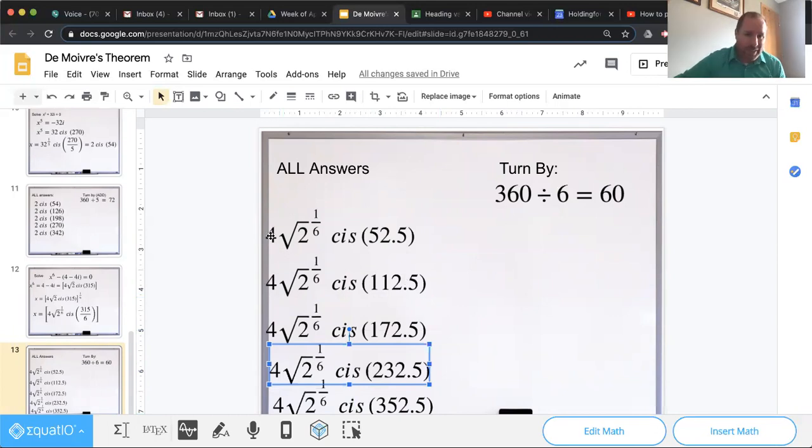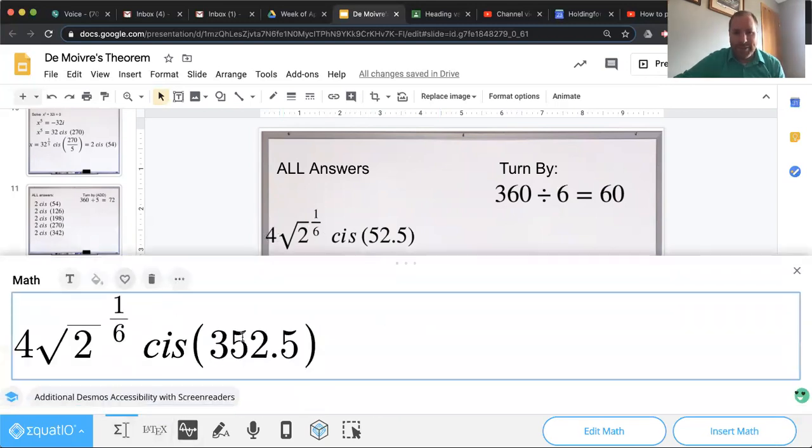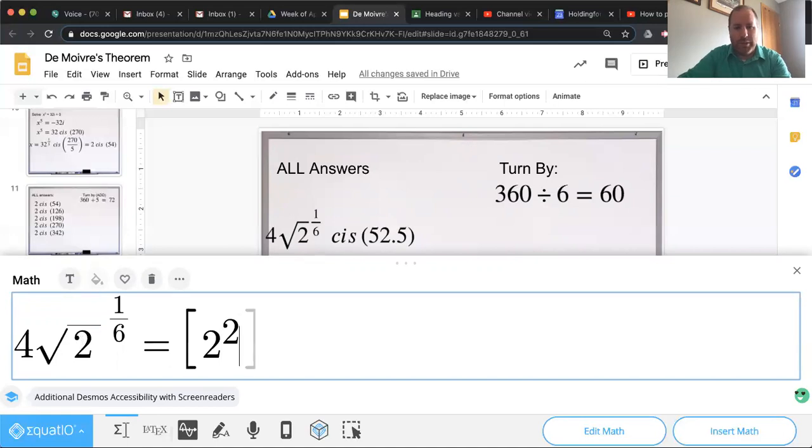Now you can leave it like this, that's fine. If you want to simplify this 2 to the 1/6 power, that's what I'll go over next. If you don't want to watch that and you just want to jump into the homework, you certainly can. But a way to work this out is to see that 4 is actually 2 squared.